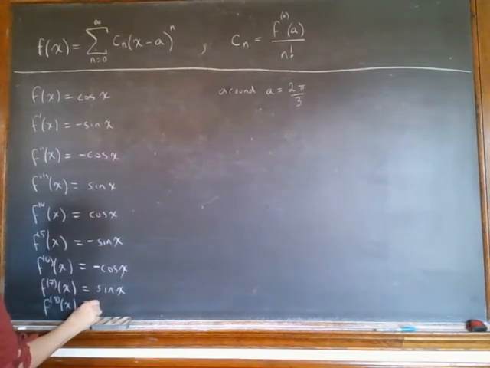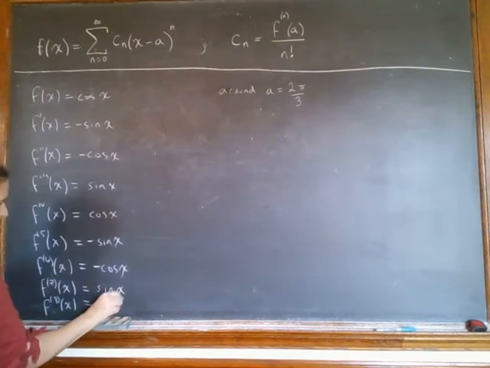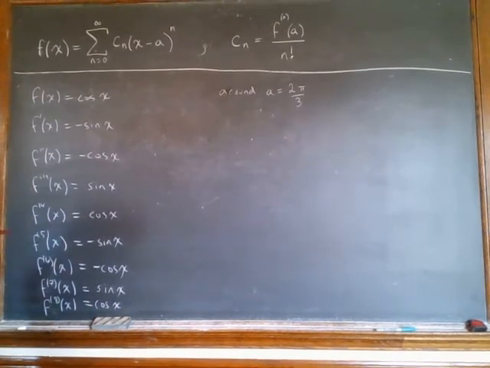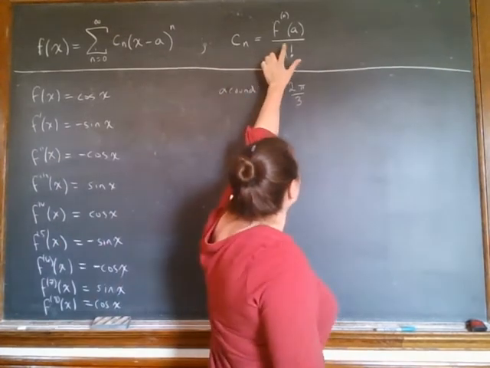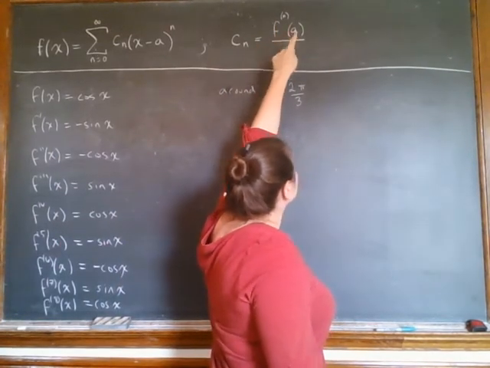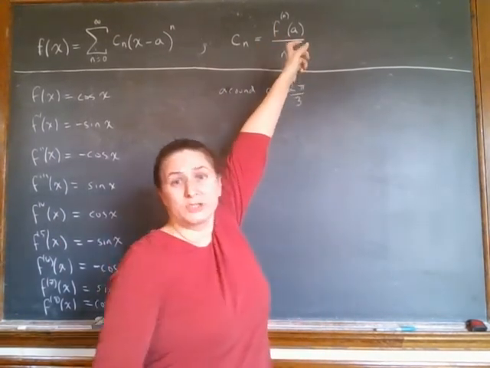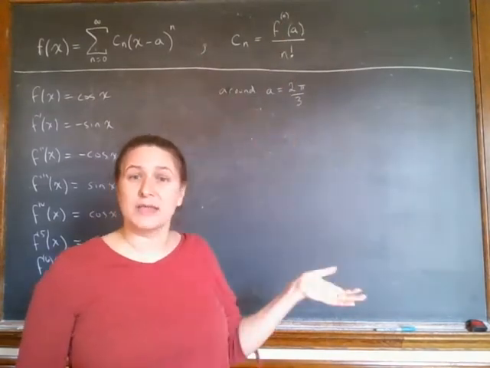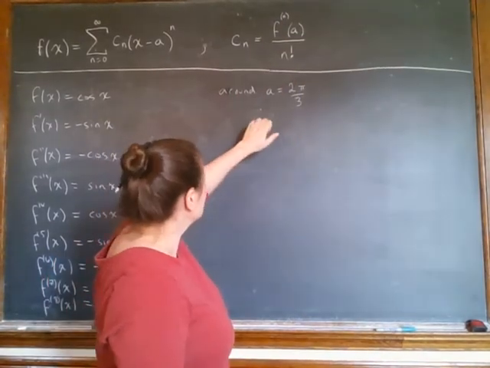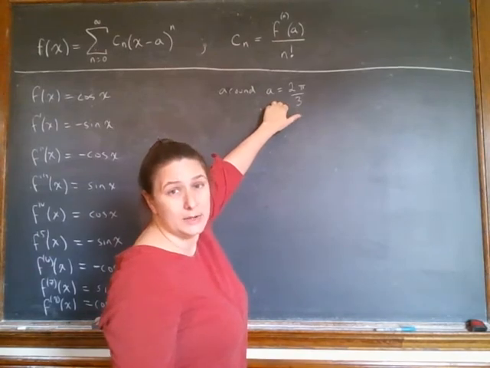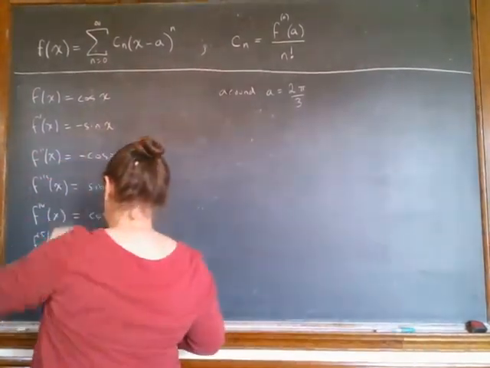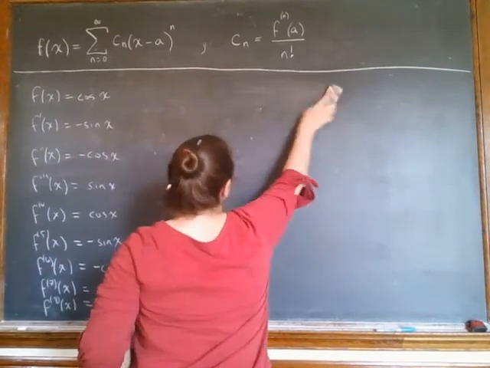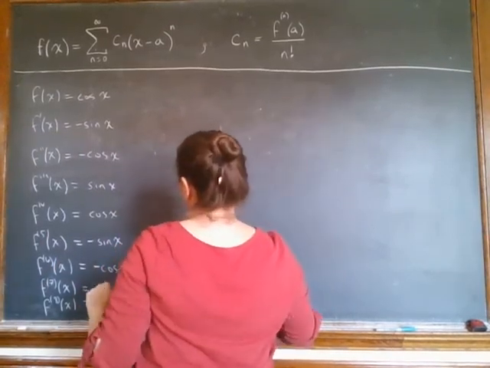And so this would be cosine. Okay. But the second part is going to change because if I'm looking here, I need the nth derivative at the point A, which in my previous examples was 0. But here, I want to do A equals 2 pi over 3. So I have to evaluate all of these not at 0, but at 2 pi over 3.